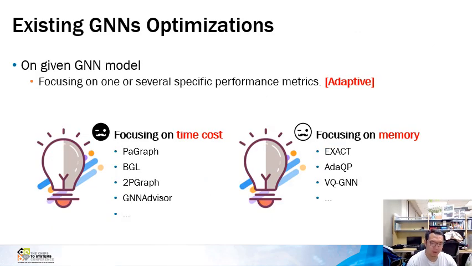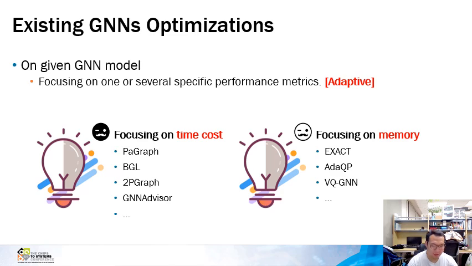Now let's dive into the various optimizations that exist for GNN. When we talk about optimizing GNN, we are typically focusing on several specific performance metrics, for example, time cost or memory usage. Some methods are specifically designed to reduce the time cost.